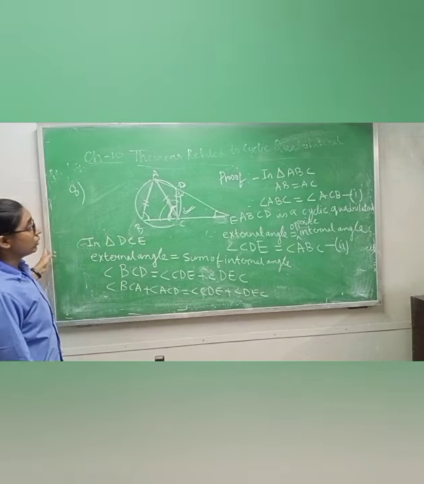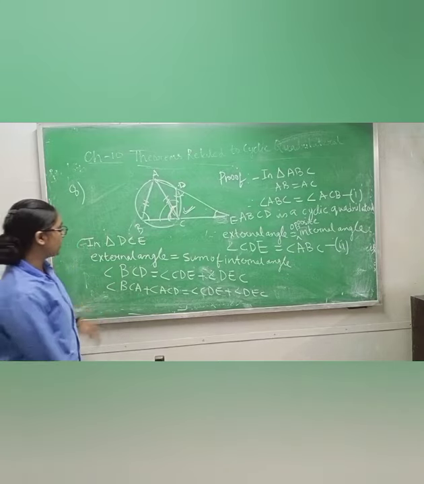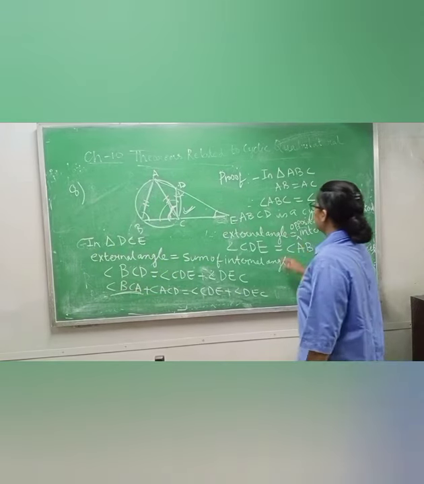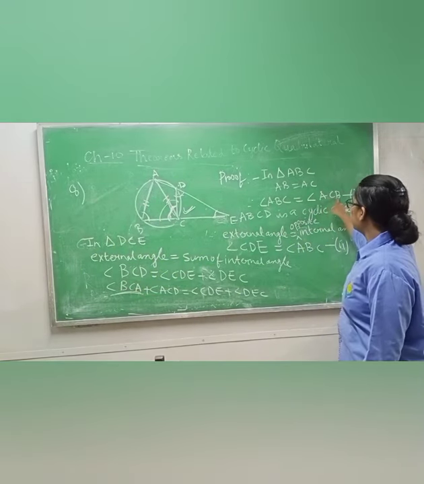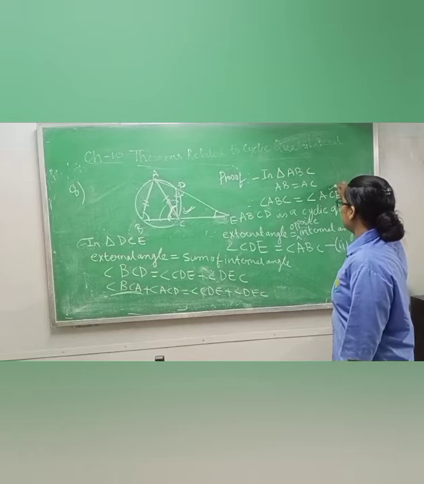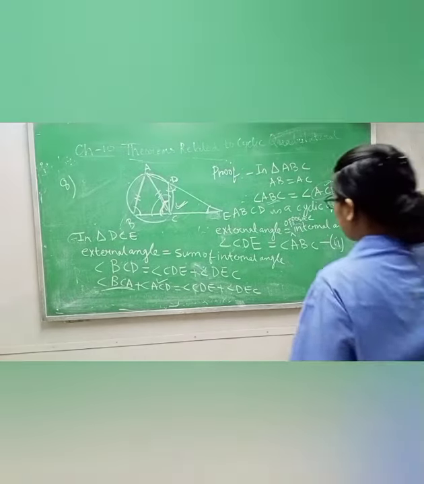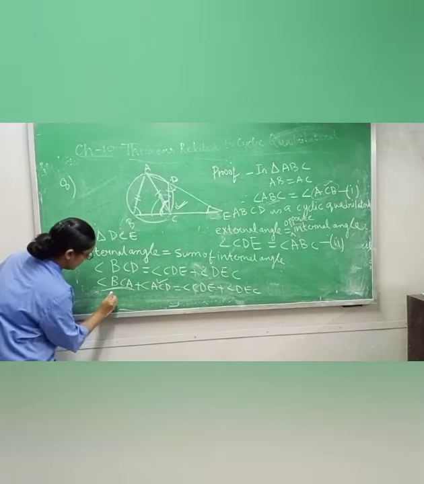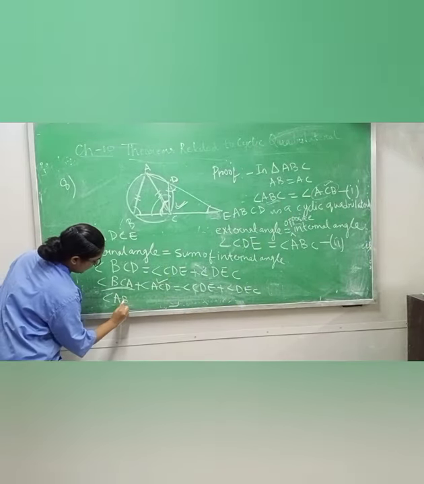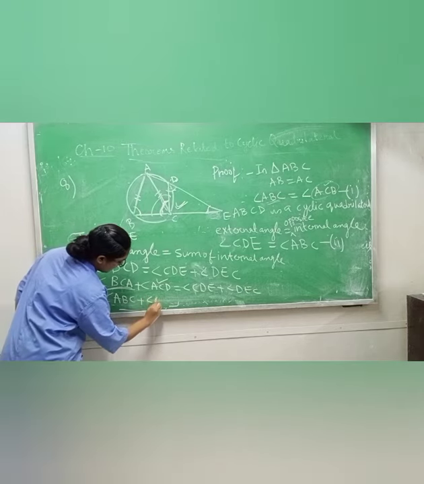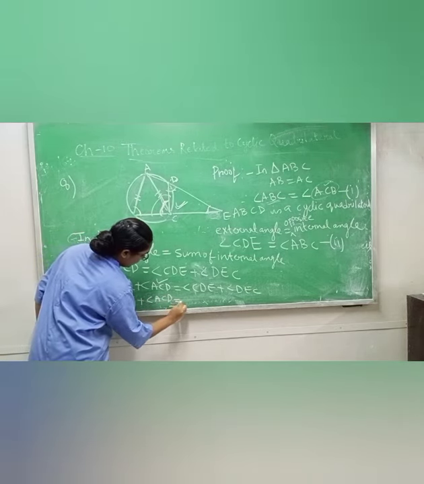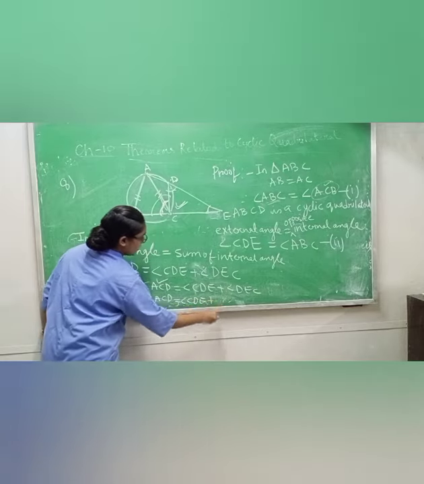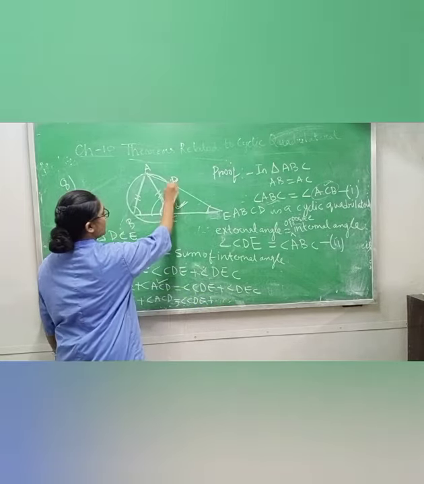Now we have to see equation 1. In place of BCA, what can we write? BCA means ACB, both are same. Now in place of ACB, I can write ABC. So I am writing ABC plus ACD equals CDE plus DEC. Now see, where is DEC?